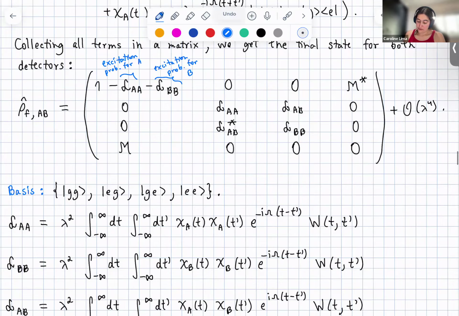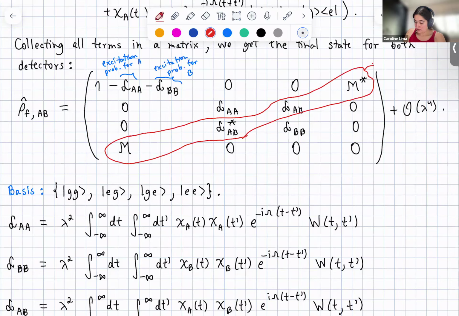And now the off-diagonal terms, these ones, they are the coherences of our matrices, right? Coherences.